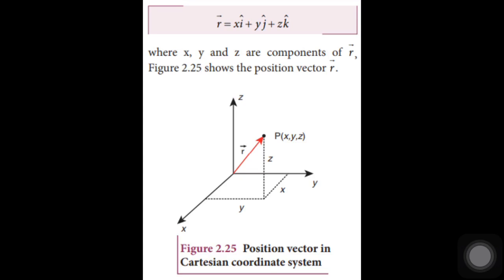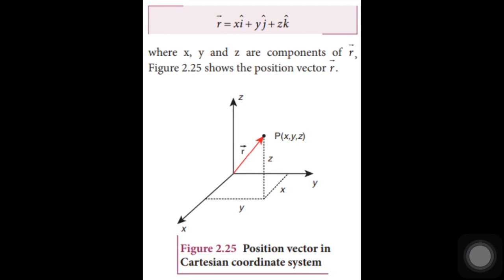The position of a point means the present position of that point at that time t with respect to the starting point, the origin. Normally we use the starting point or origin as the meeting point of the x, y and z axes. That meeting point is normally marked as capital O. And what is the position vector?